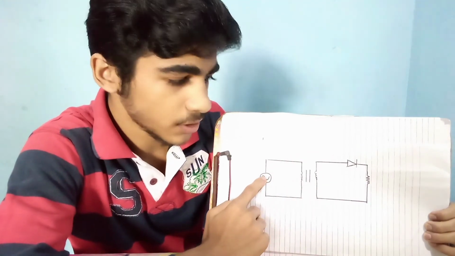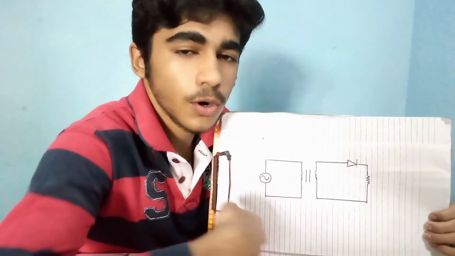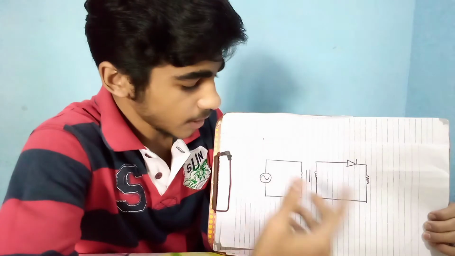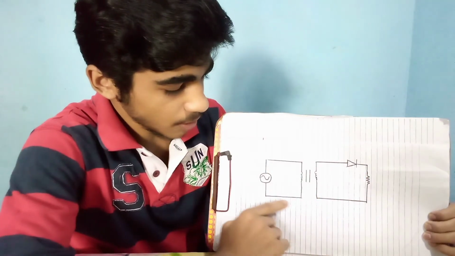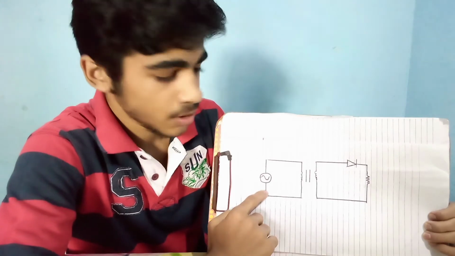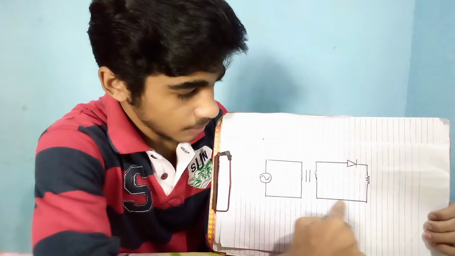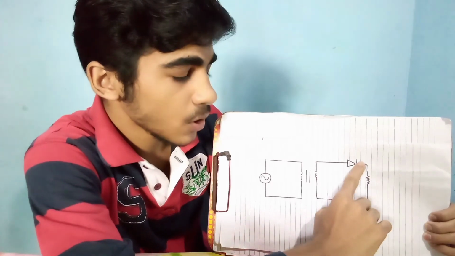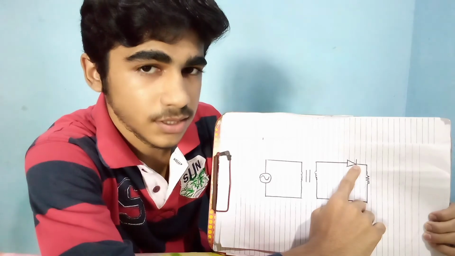When I apply the voltage, I already told you that the alternating current will always move back and forth. So when I apply the voltage, the current will flow through this diode without any interruption, and it will complete the circuit. But in the next half cycle, that is the negative half cycle, the current will flow through the load, but it will be blocked by this diode because now the diode is in the reverse bias condition.